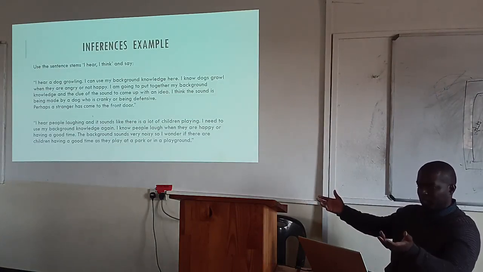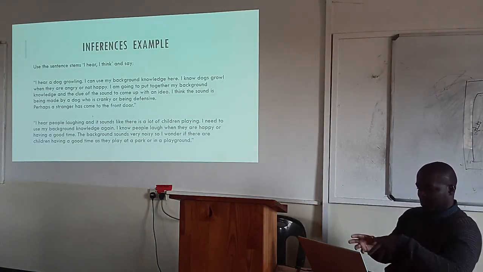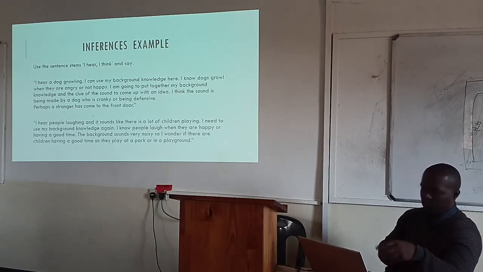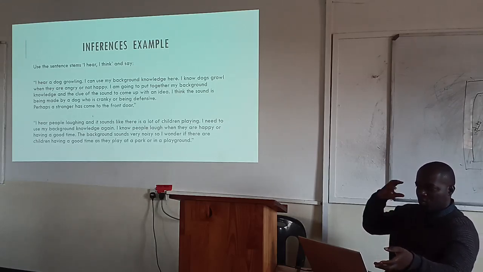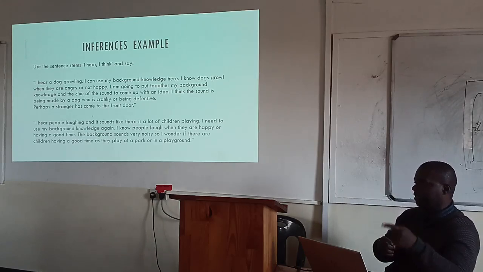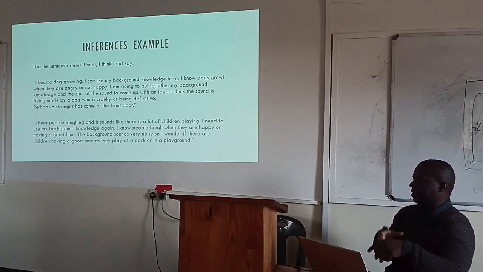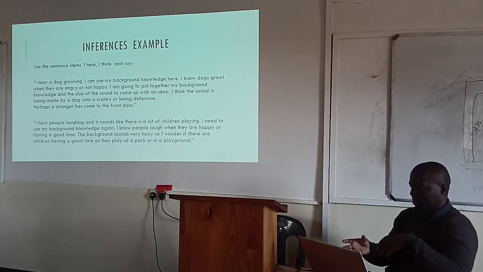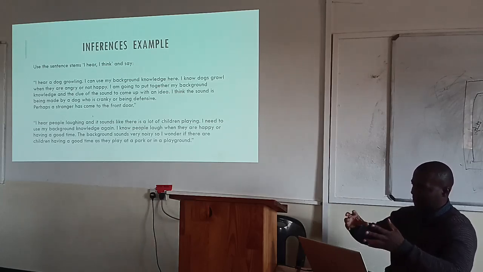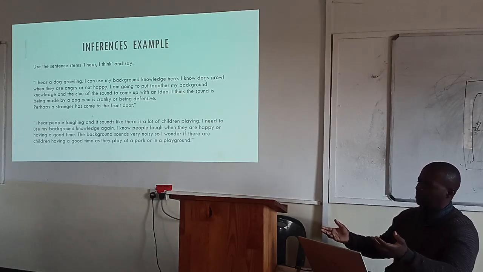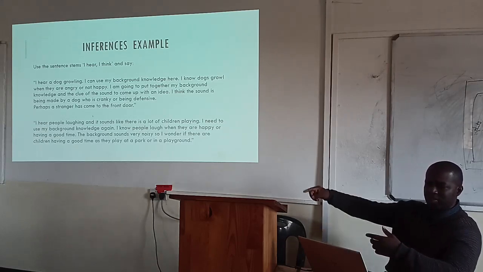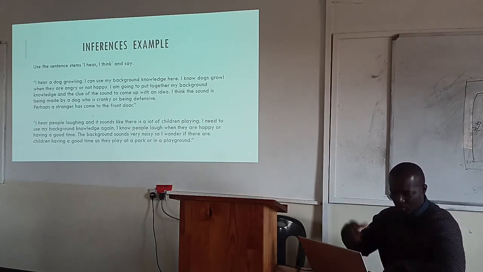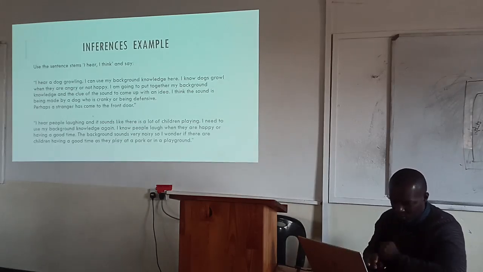That's a conclusion. You connect the sound of the barking dog with what you know, that when a dog barks like this it's a danger sign, and you connect it with the situation. Maybe you are alone. If a dog barks, it should be somebody outside. So that's how you can make an inference.